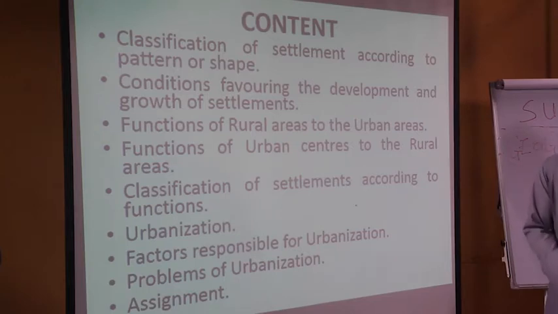Now today, in our topic, the same settlement, we are going to be talking about: 1, classification of settlement according to their pattern or shape. 2, conditions favoring the development and growth of settlement. 3, functions of rural areas to the urban areas. 4, functions of urban centers to the rural areas. 5th, classification of settlement according to their functions. 6th, urbanization.